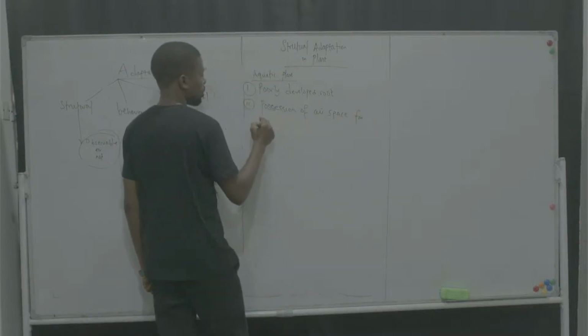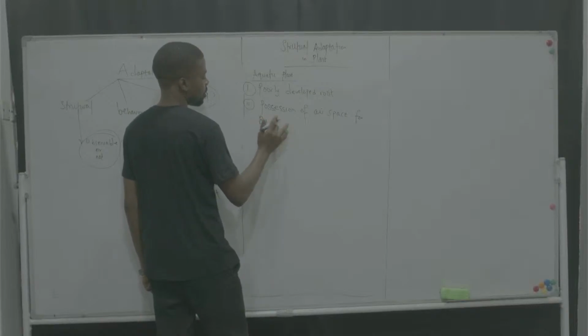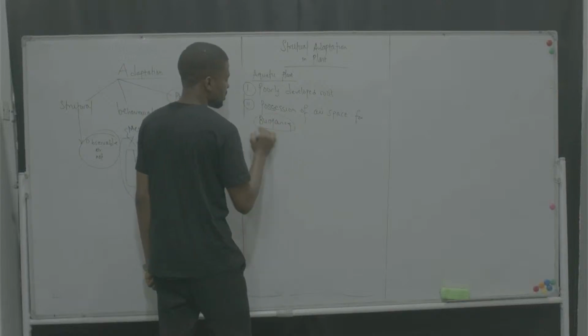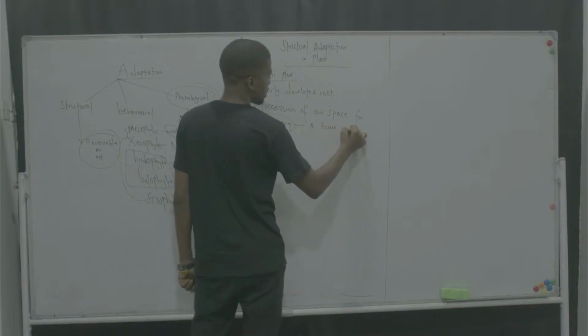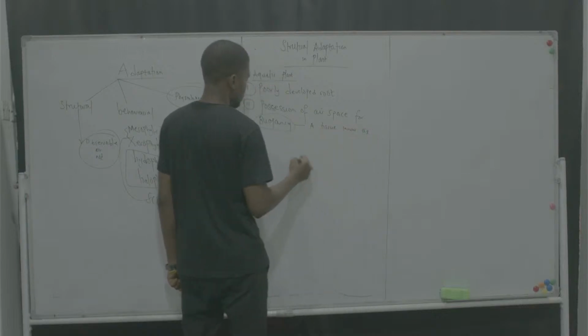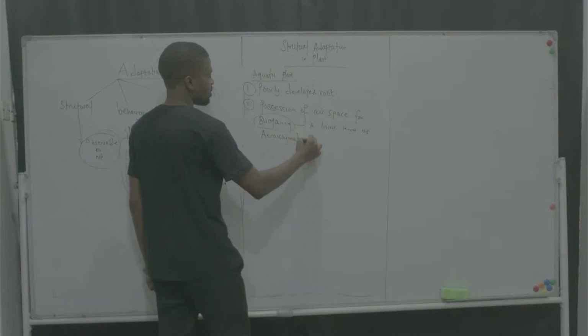They call it buoyancy. Buoyancy. But listen to me. You see this buoyancy? A tissue known as aerenchymatous tissue.